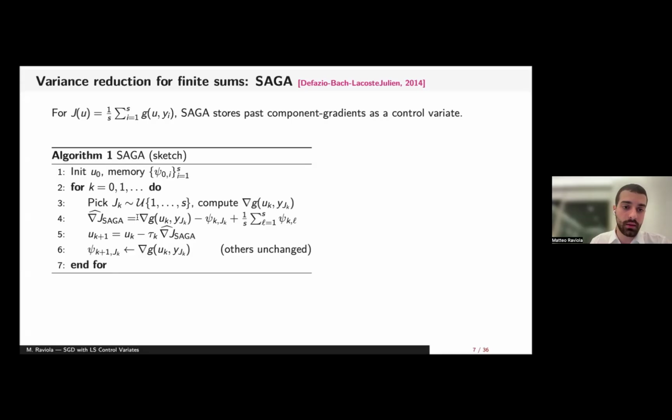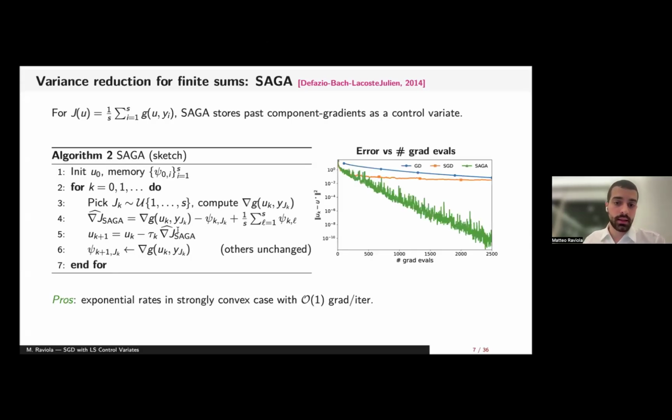The update is the gradient that we just computed, minus our best approximation in our memory of this gradient, which is this psi, plus the average of the gradients in the memory. And the remarkable thing is that this algorithm achieves an exponential convergence rate in the strongly convex case with essentially O(1) gradient evaluation per iteration.